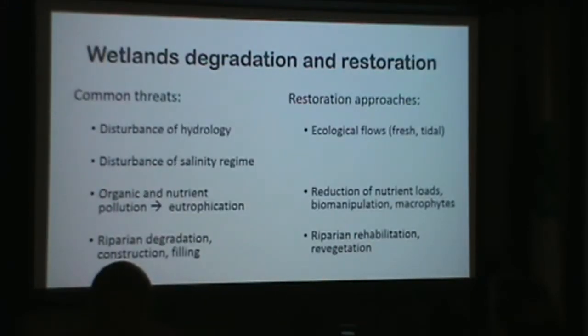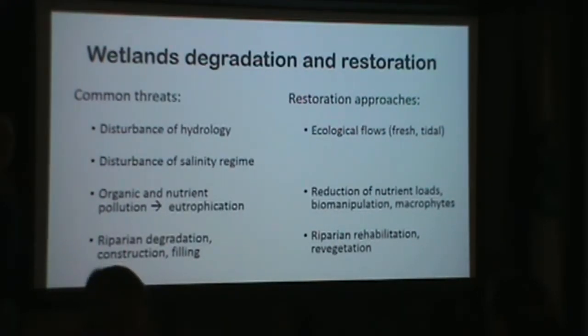Okay, so a few words about very common threats of wetlands, or threats that tend to degrade wetlands. Well, a very common one is the disturbance of the hydrology of that wetland. Okay? When there is damming, when there is filling, when there is obstruction of tidal flows, these kinds of things, that disturbs or disrupts the hydrology of that wetland, and that's a big issue because many things are connected to that.